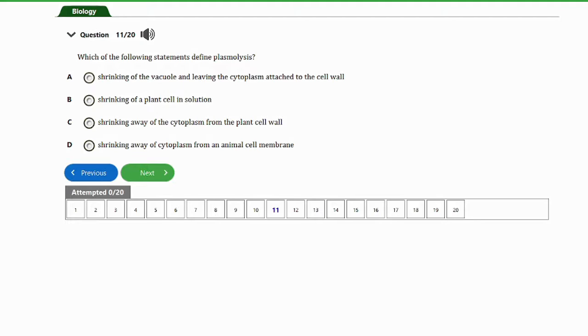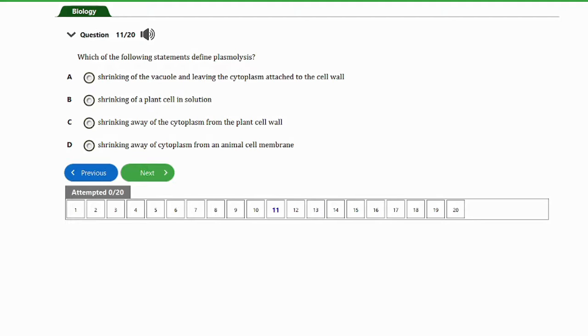So guys, the cytoplasm shrinks away from the cell wall during plasmolysis. We know that plasmolysis occurs when you put a cell in a hypertonic solution, and you need to understand that a hypertonic solution is a solution that has a higher concentration than the concentration in the cell.